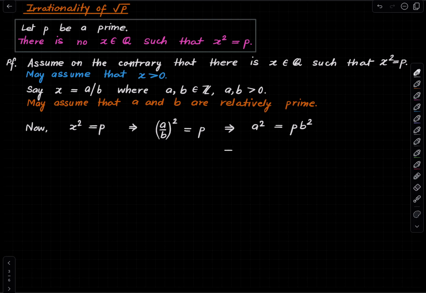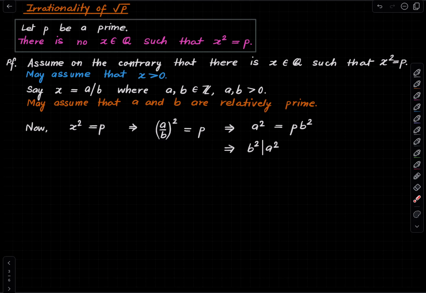Which in particular means that b square divides a square. Right? But I will say it in a different way. By what we learnt in the previous lecture, if a and b are relatively prime, then a square and b square are relatively prime.